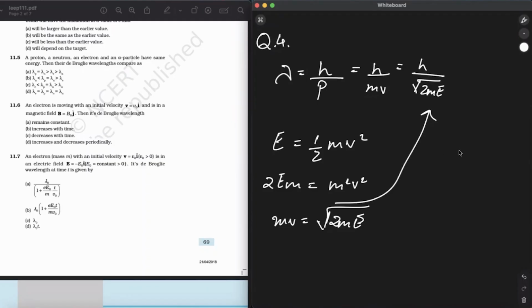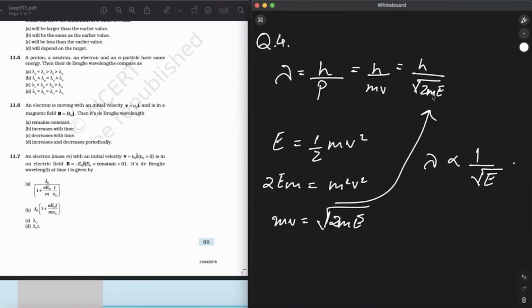This means that lambda is proportional to 1 upon under root of m E. Now, in the question it has been given that the proton, neutron, electron and alpha particle have the same energy. Then how can the de Broglie wavelengths be compared? Energy is constant, so we cannot differentiate these particles on the basis of their energy.